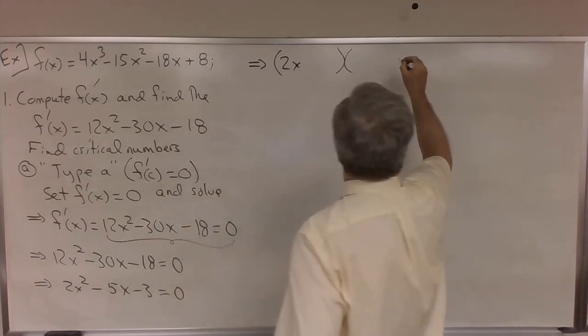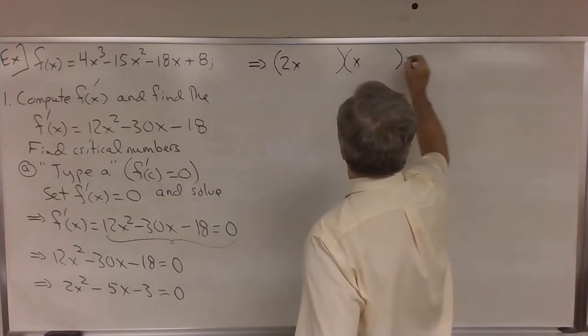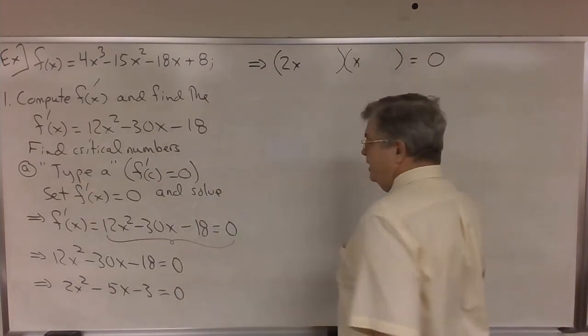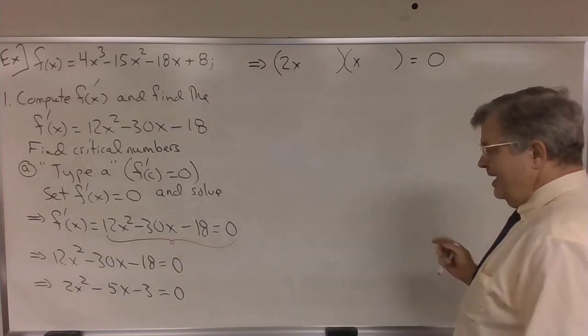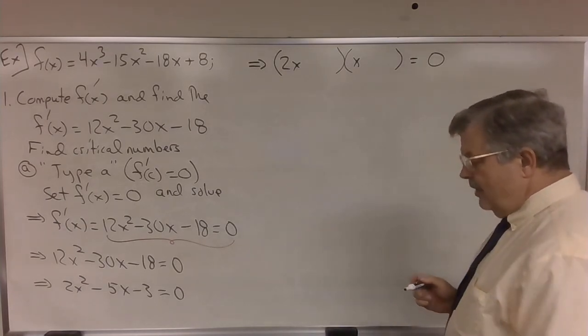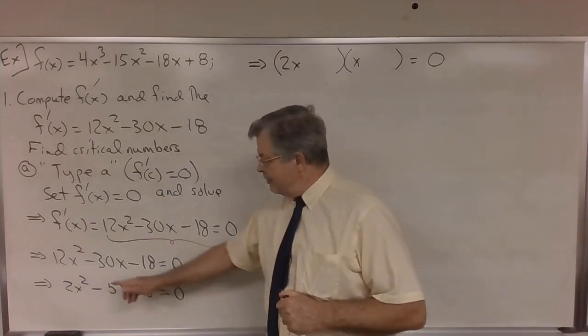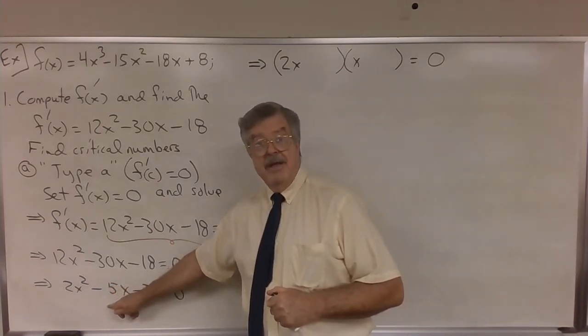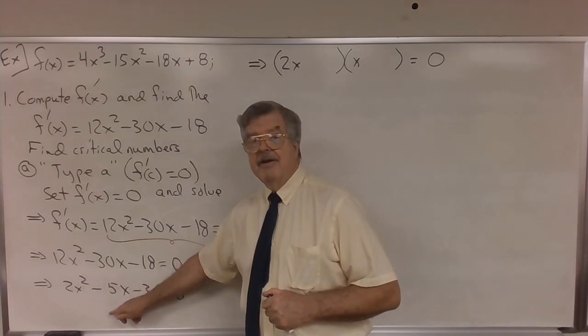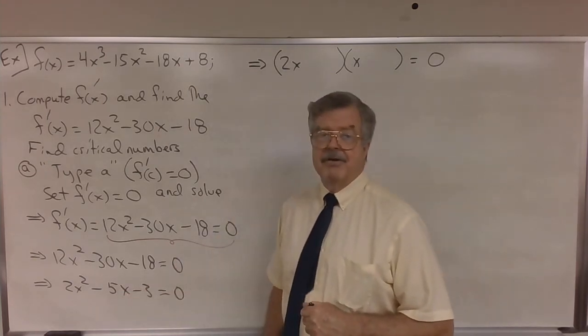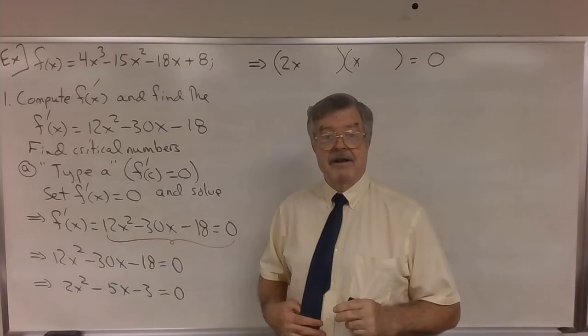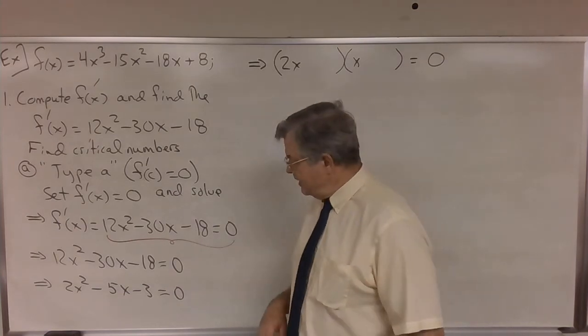2x plus or minus something, x plus or minus something equals 0. And I'll tell you what, remember a few weeks ago we said that if we could find a number to plug into a polynomial and that number makes the polynomial 0, then x minus that number is a factor.